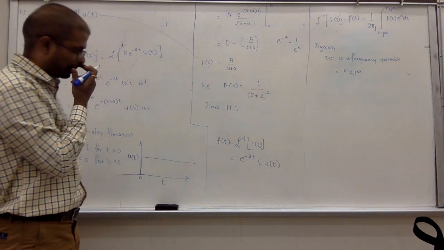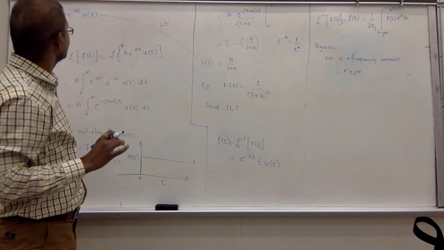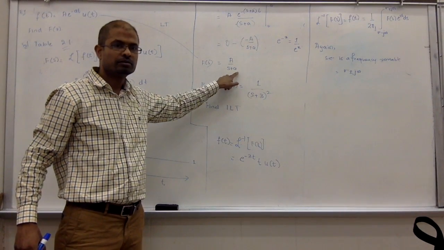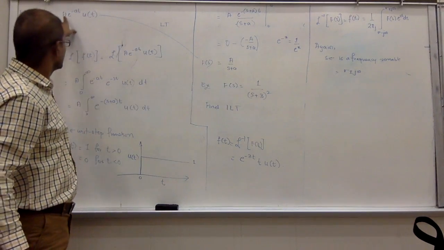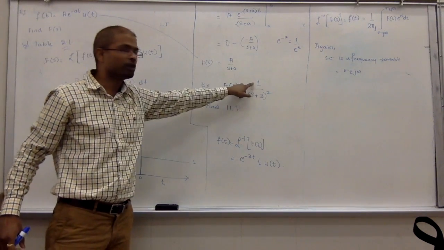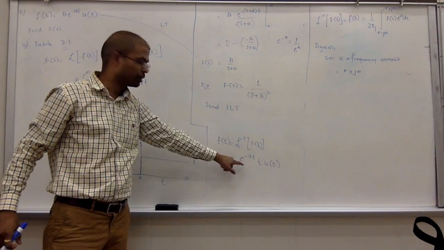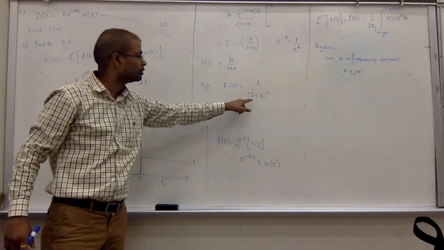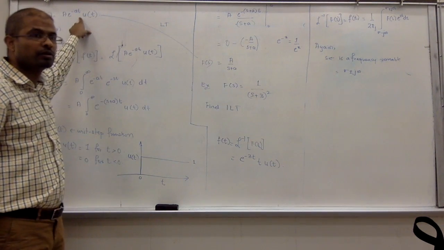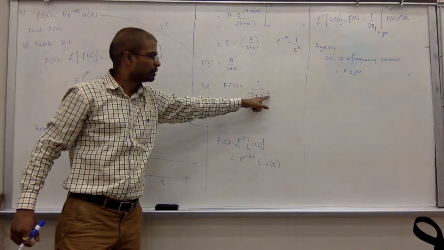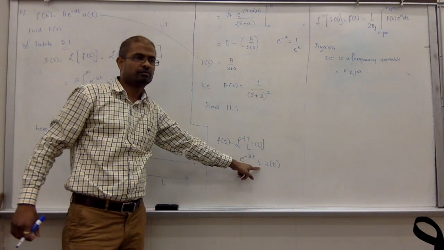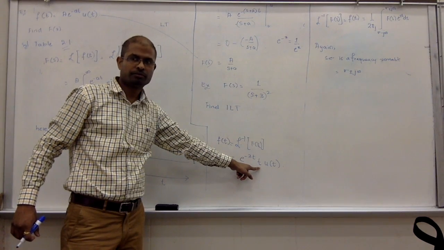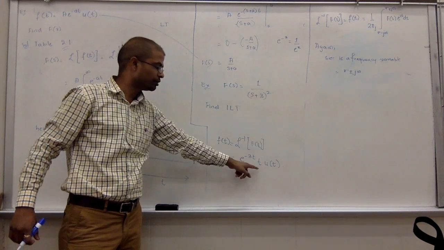Just pay a little bit of attention, it's actually very simple. You see s plus 3, that is s plus a. Here the numerator is just 1. Now you see e to the power of minus a t. The square is captured in this t. That's the only difference. If it was cubed, what would this be?